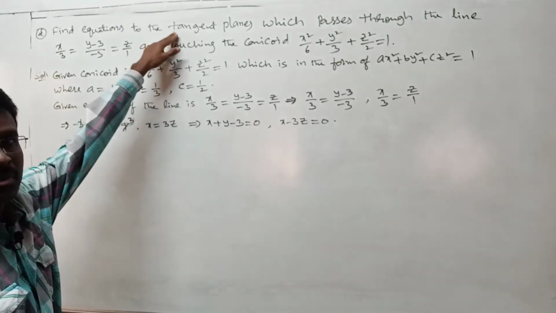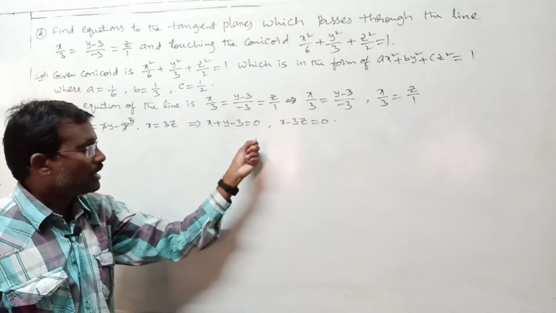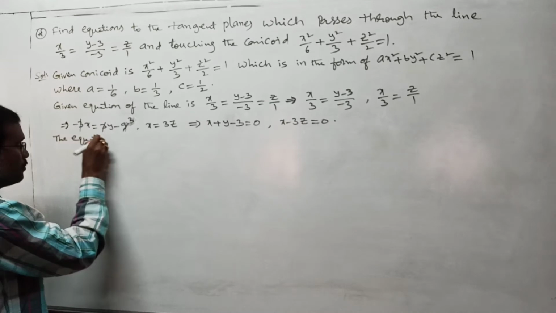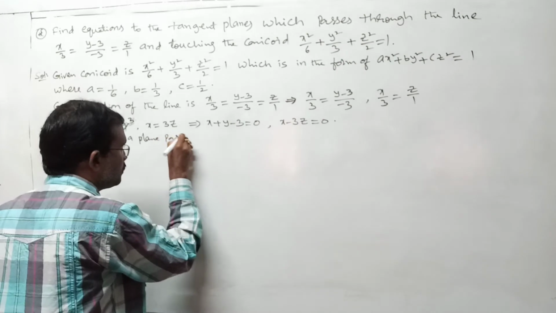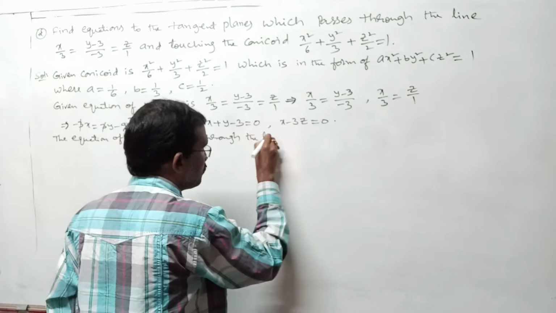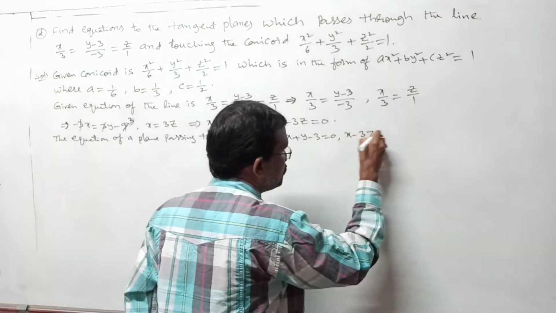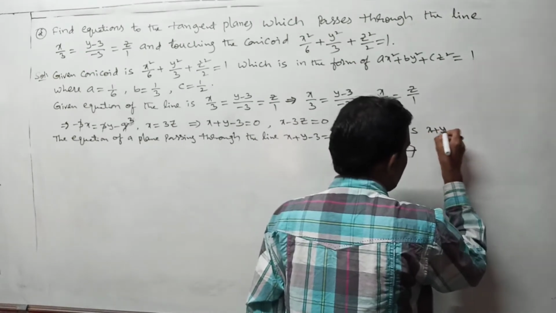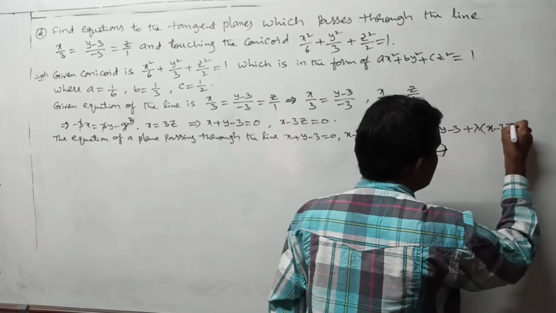Now what is our condition? We have to define a plane which passes through this line. I am going to proceed with that. The equation of a plane passing through the line x plus y minus 3 equal to 0, comma, x minus 3z equal to 0 is x plus y minus 3 plus lambda into (x minus 3z) equal to 0.